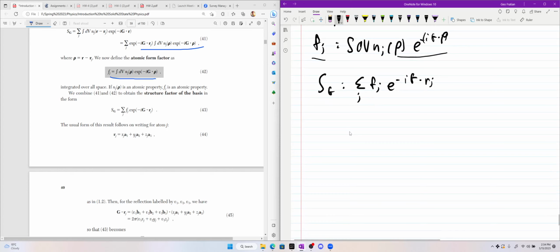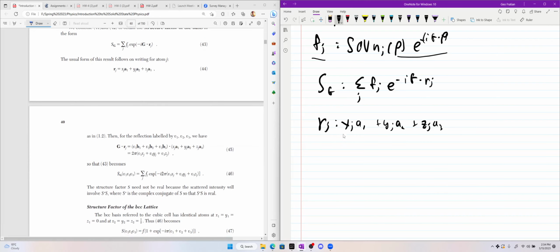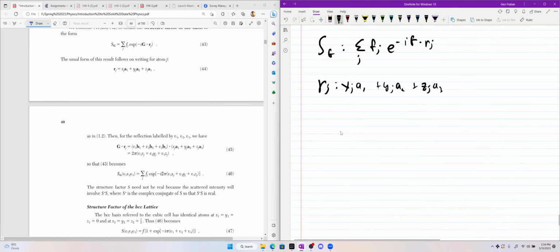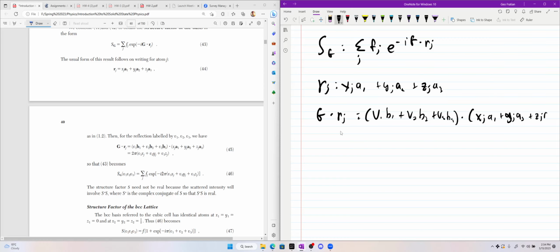It follows on writing for atoms j: r_j is x_j a1 plus y_j a2 plus z_j a3, because remember, this is just a vector to a single atom from some origin. Therefore, the reflection G dot r_j is v1 b1 plus v2 b2 plus v3 b3, our G vector, dotted with x_j a1 plus y_j a2 plus z_j a3.